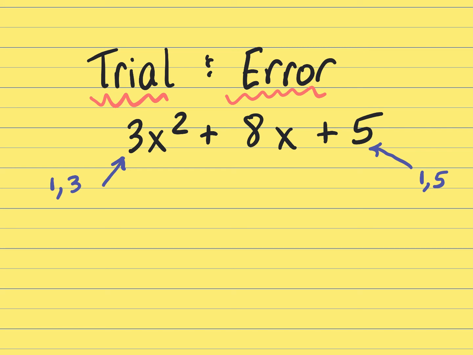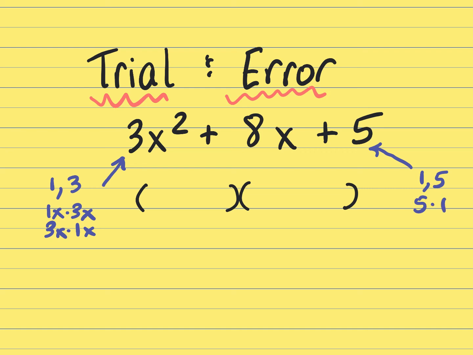An 8. It's very much like when you have a leading coefficient of 1. So you're going to follow the same steps. The only ways to make 3x squared will be 1x times 3x or 3x times 1x. Okay? The only ways to make 5 are 1 times 5 or 5 times 1.